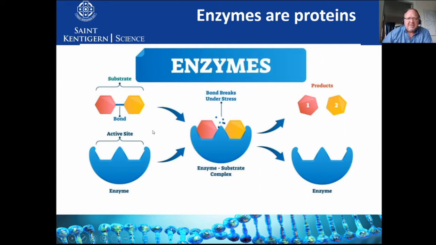And this active site is complementary to the substrate that it's going to help, either to create, or in this case it's going to break them apart. So think about it as the lock and the key. This is the lock and there's the key, and as long as that can go in, the reaction will take place. That's why the shape is so extremely important.